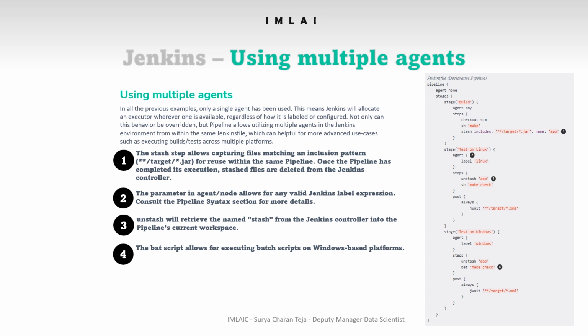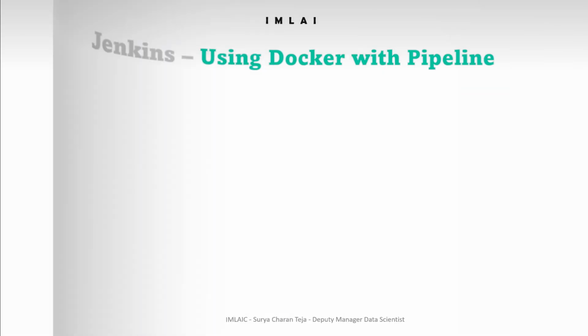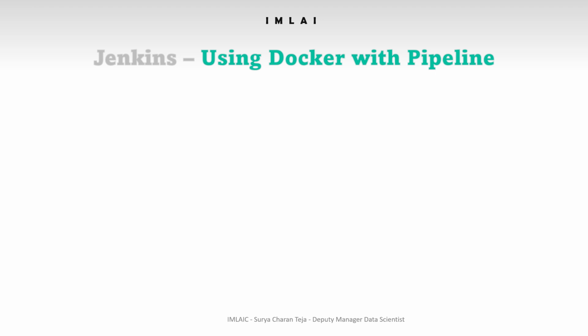So now let's build our first pipeline in Jenkins using Docker. Many organizations use Docker to unify the build and test environments across machines and to provide an efficient mechanism for deploying applications.